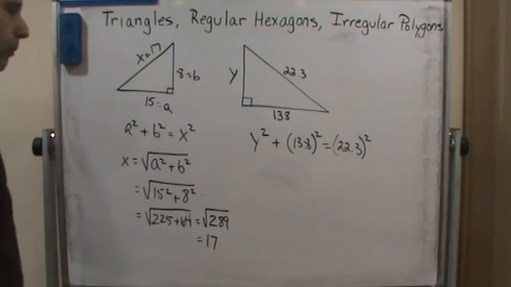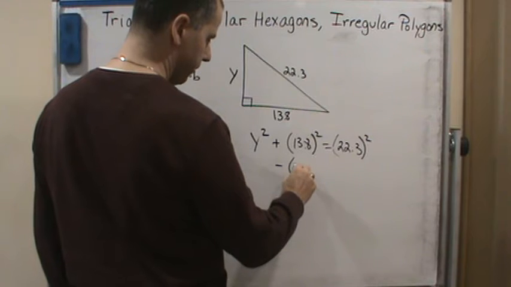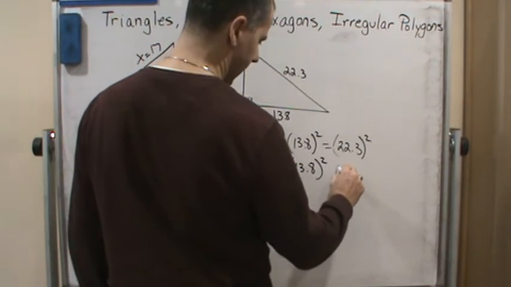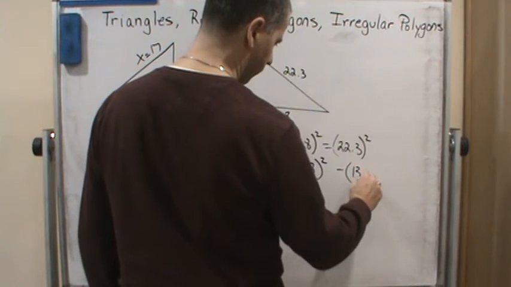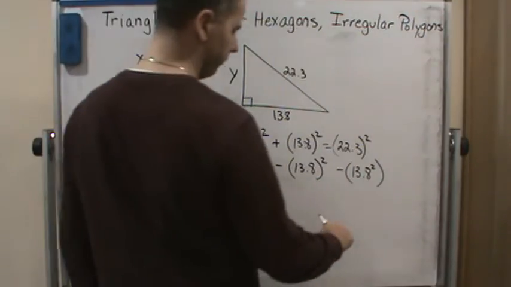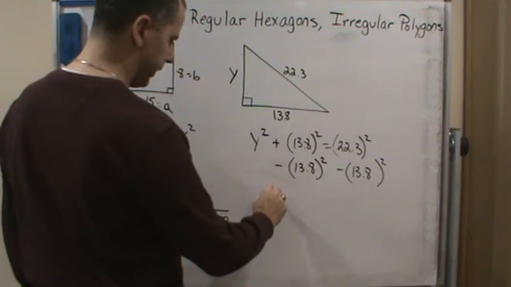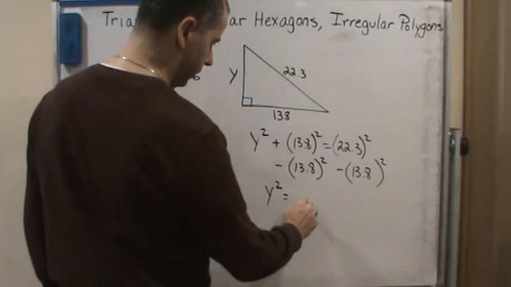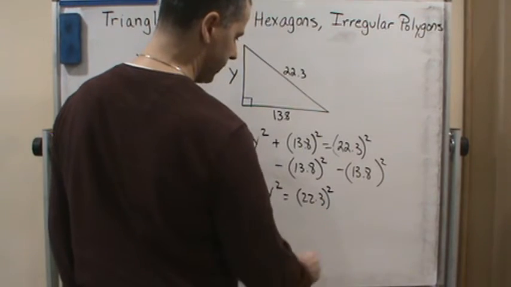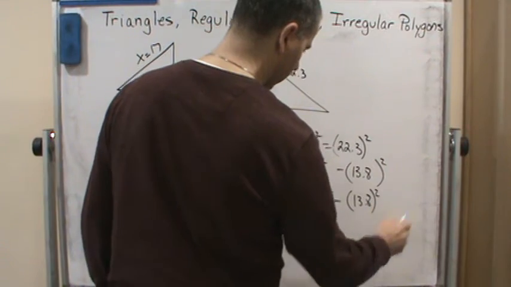Now we need to solve for y, so I'm going to subtract 13.8 squared from both sides. And so I get y squared equals 22.3 quantity squared minus 13.8 quantity squared.